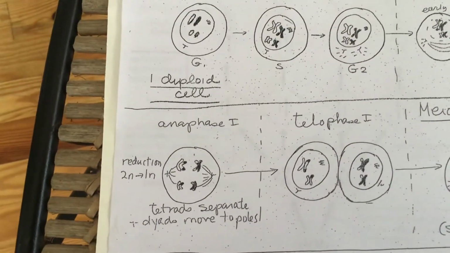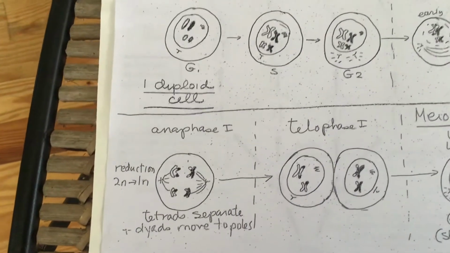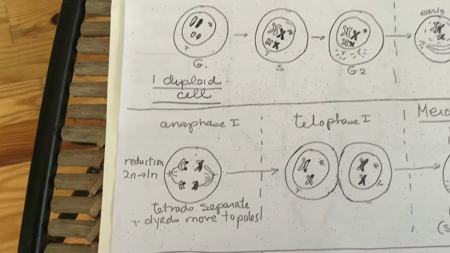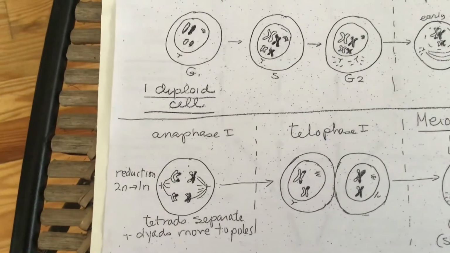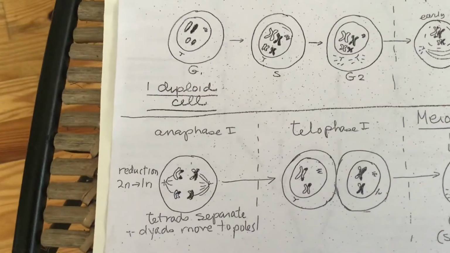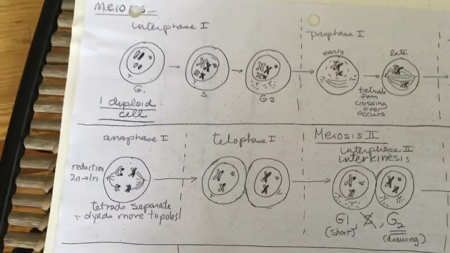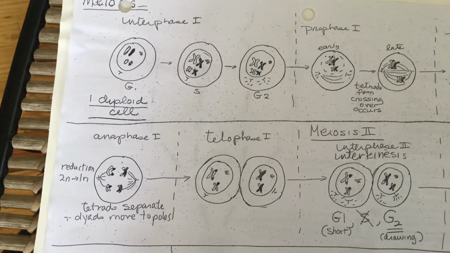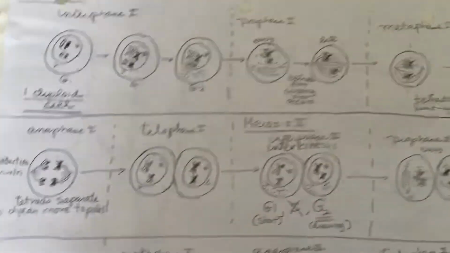They're called dyads just to indicate that they are not sister chromatids that look exactly alike, but basically they're kind of like the sister chromatids from one homolog separating to the other side. Okay, so at the end of telophase 1, then you have haploid cells. However, the sister chromatids of each of the chromosomes are still attached, or these are dyads. And then you enter into meiosis 2.